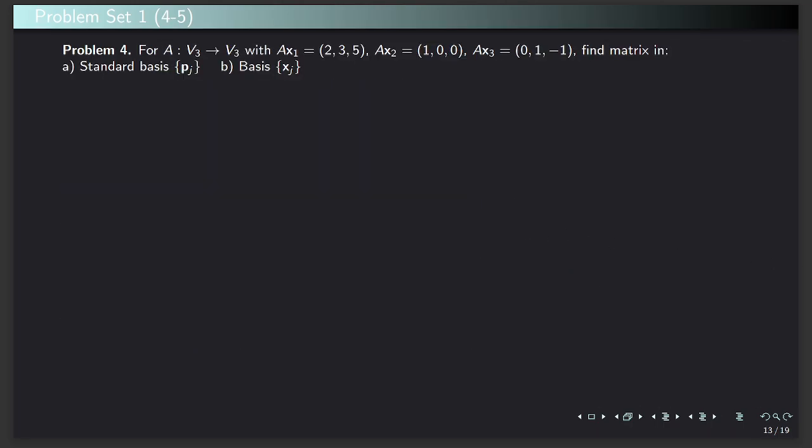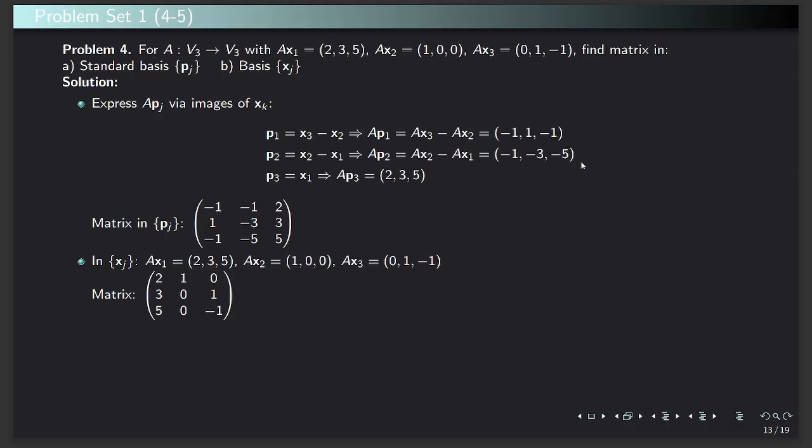So problem 4 provides the action of an operator A on a specific basis of vectors x1, x2, x3, and we're asked to find the matrix of A in two different bases. First is the standard basis vectors, pj, and to do this, we must express pj as a linear combination of xk's, and then use the linearity of A to find its action on the pj's.